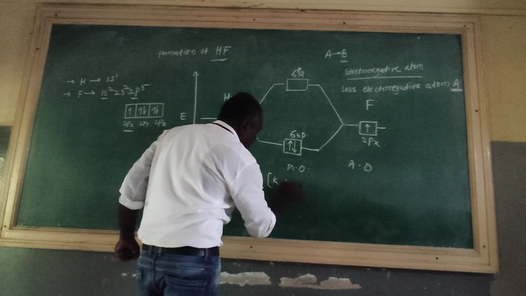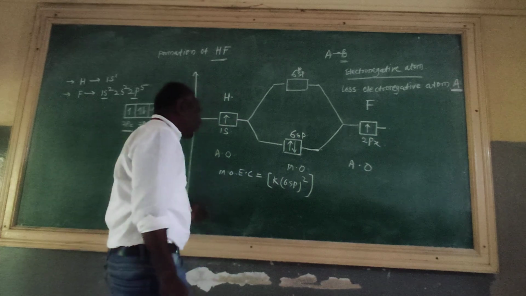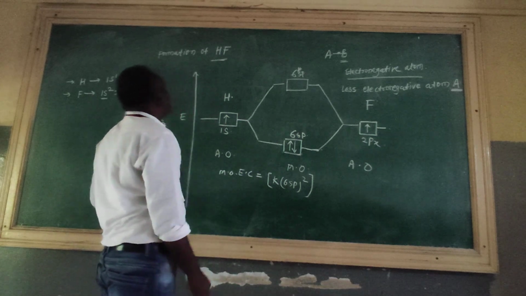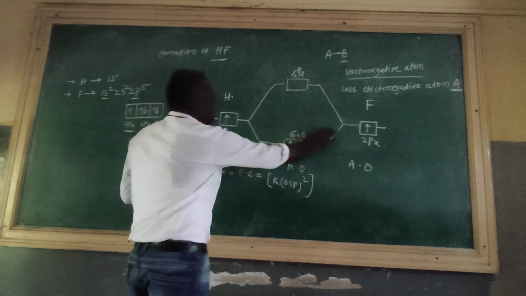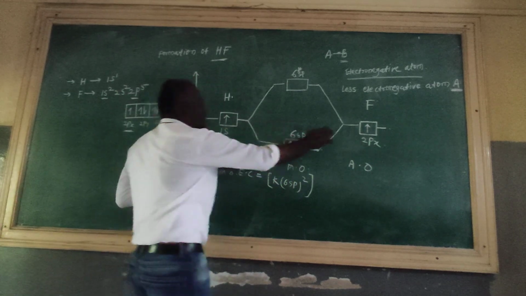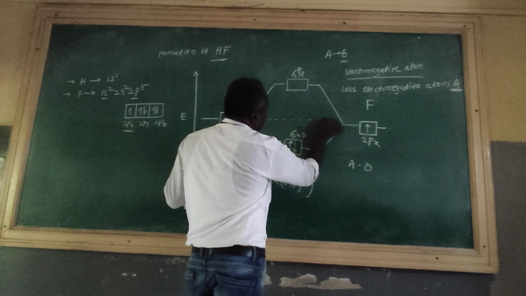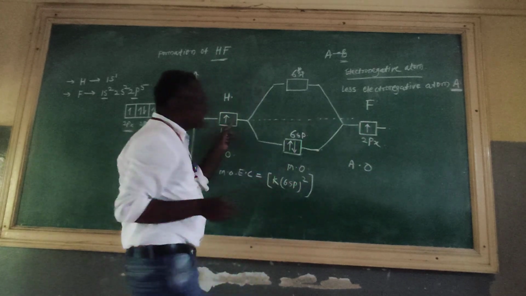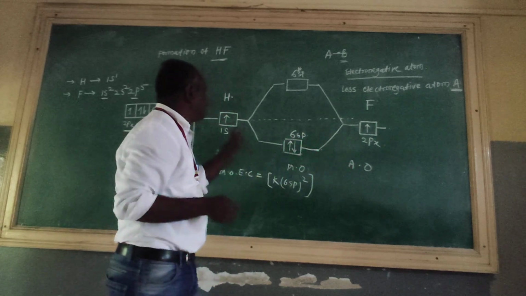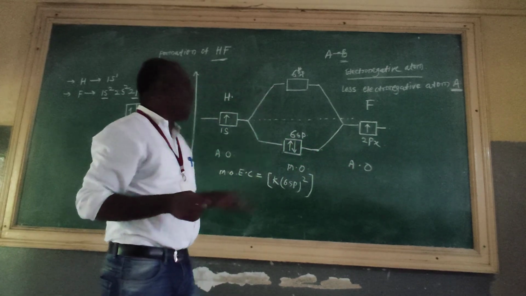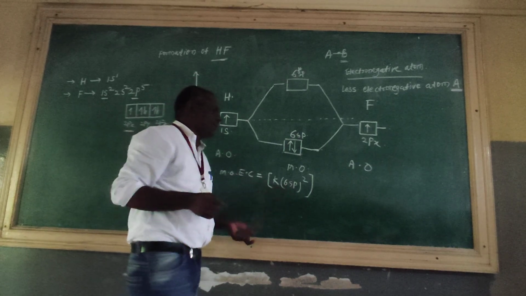This is the electronic configuration of the hydrogen fluoride molecule. Remember that this orbital is lower in energy, this orbital is higher in energy, this orbital is a little bit lower in energy, and this orbital is a little bit higher in energy. The molecular orbital electron configuration will be like this.